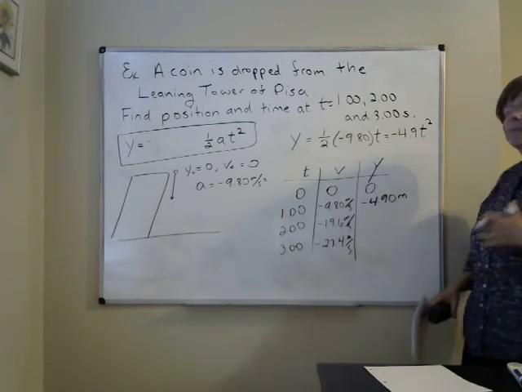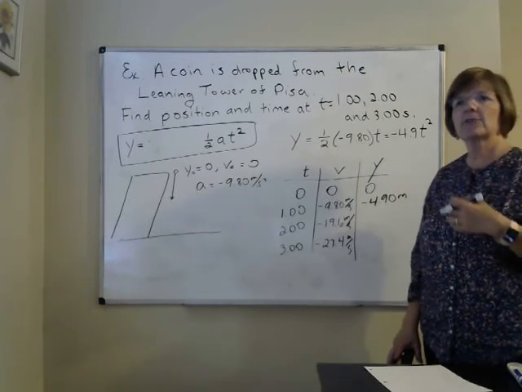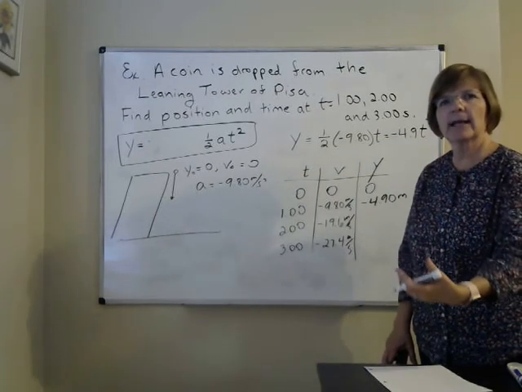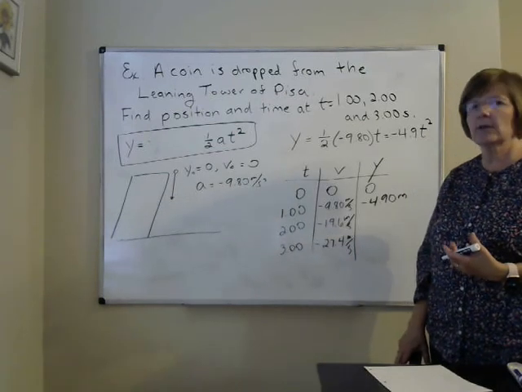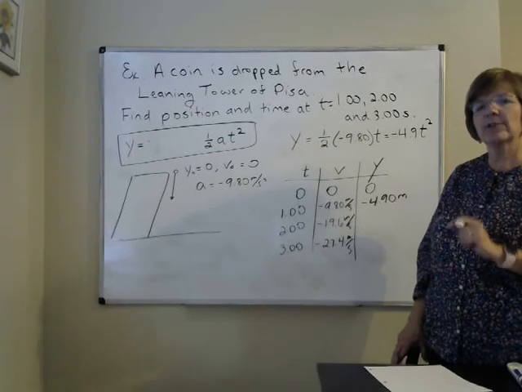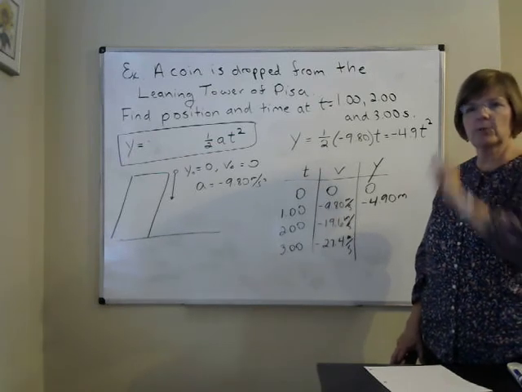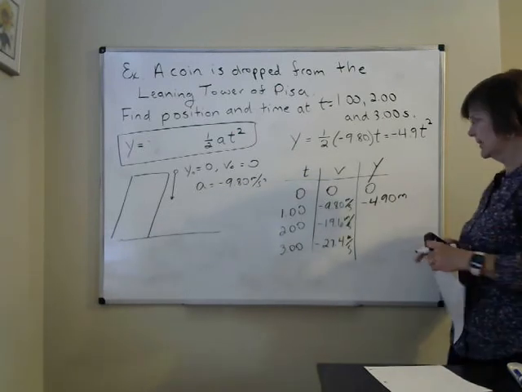A lot of people make the wrong mental jump. They say, oh, you're accelerating down at negative 9.80, so in 1 second, you'll fall negative 9.8 meters. No, no, no. You started at 0. Your average speed from 0 to 1 second is actually half of this, negative 4.9.